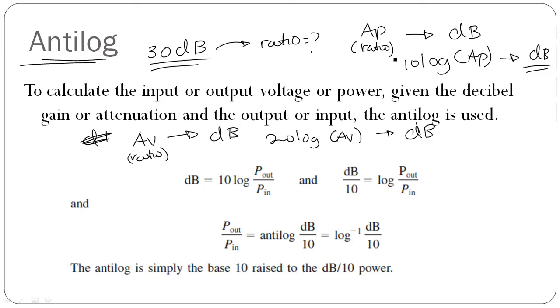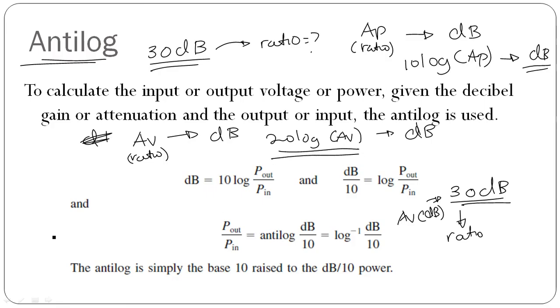Okay? So, for example, let's say merong 30 decibel na voltage gain. Okay? So, ito ay voltage gain in decibel. So, hanapin natin yung ratio equivalent na to. So, gamitin natin yung formula na 20 log. Okay? So, 30 dB is equals to 20 log ng AV.